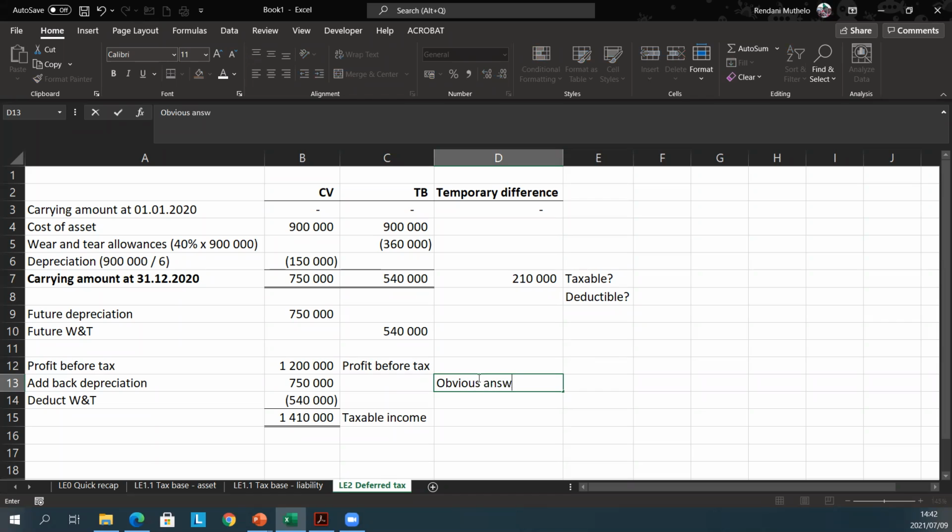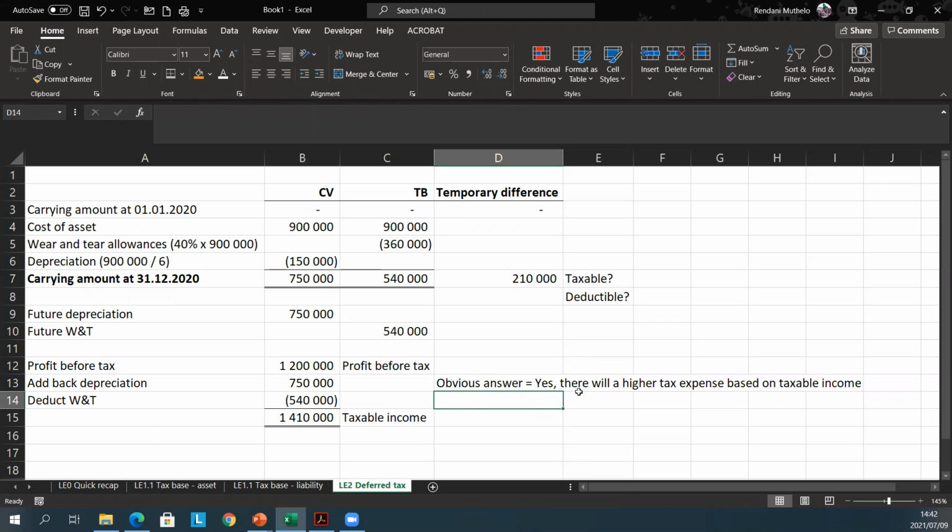So the obvious answer here is that yes, there will be a higher tax expense based on taxable income. So as a result, because we are expecting taxes to be higher in future based on taxable income, this means that this is a taxable temporary difference, because we expect more taxes in the future.